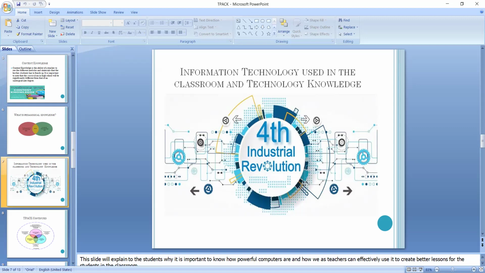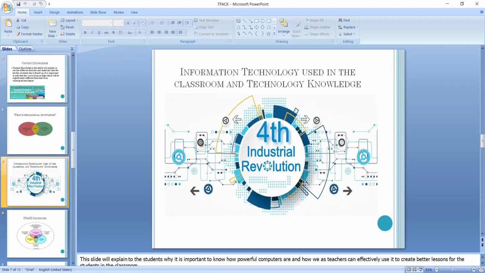Therefore, we can say that someone that knows how to use these devices and applications has technological knowledge. To summarize, technological knowledge is when you also know how to make more engaging PowerPoint presentations using applications in the classroom and knowing how to guide students on using devices.